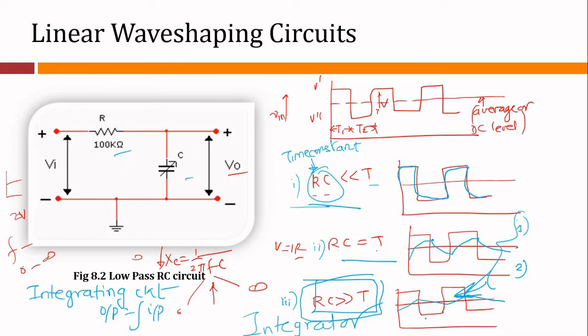That means the value of R should be greater than 10 times XC, or 10 times 1 over 2 pi FC. Followed? So when the given RC circuit fulfills the above conditions, then the voltage appearing across capacitor C will be the integral of the input. Fine. Again, this is explained in detail in the next few slides.